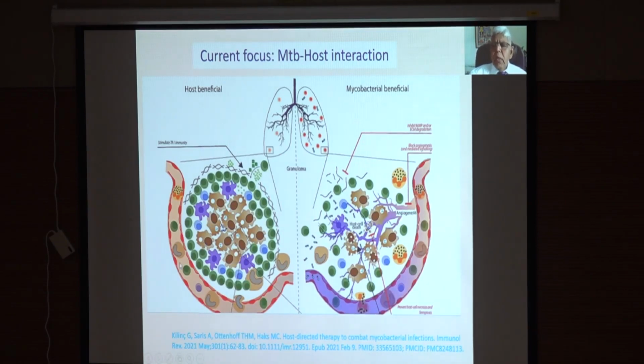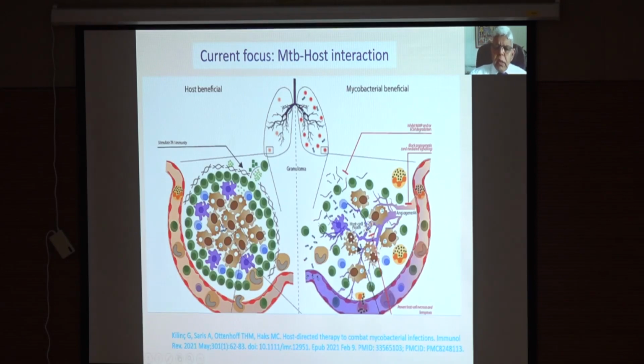Because of a variety of reasons, these granulomas start inviting vessels from the periphery of the granuloma towards the center, and these capillaries are leaking. So when you are treating these patients with anti-TB drugs, the distribution of the drugs that you are giving to kill the MTB is uneven.